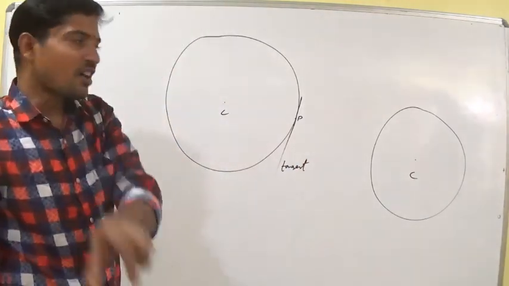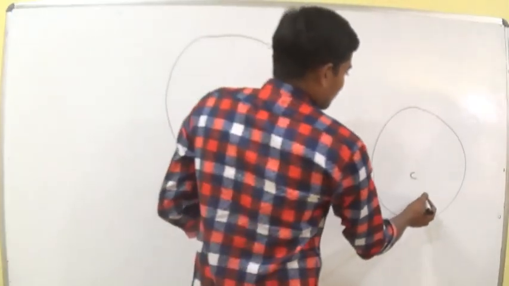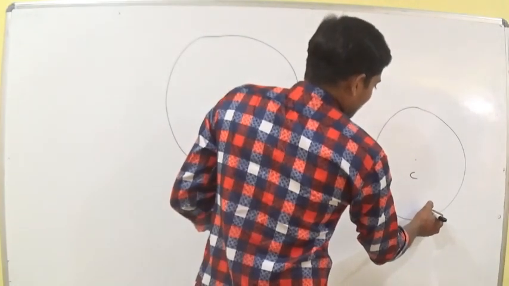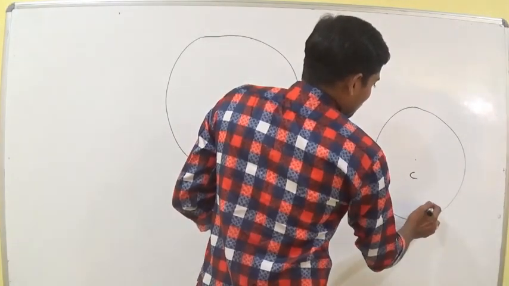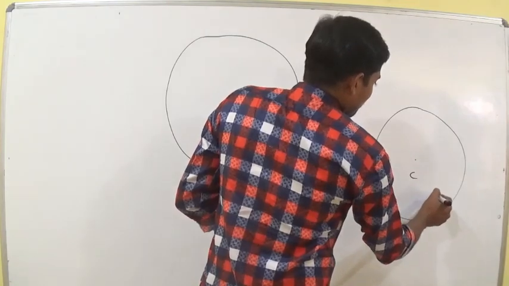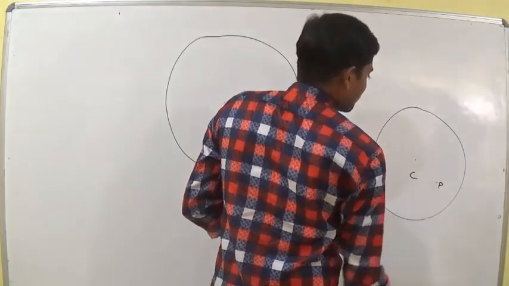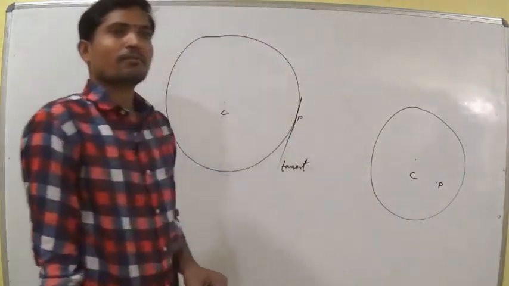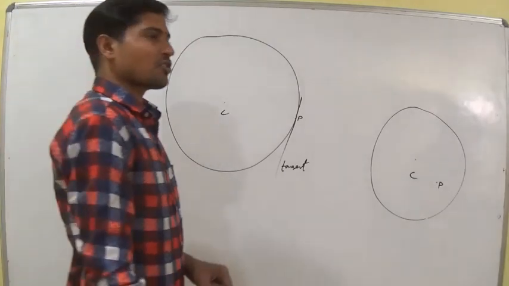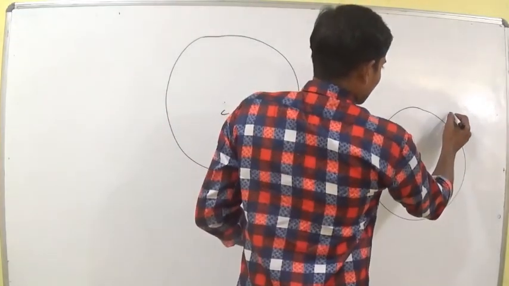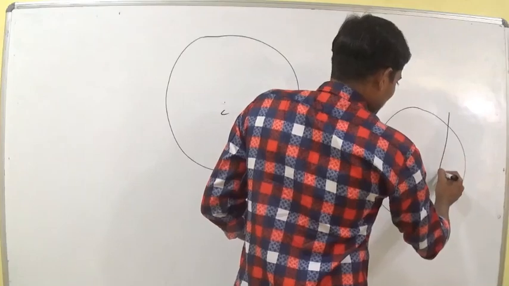P lies inside the circle. Suppose P is here. Then secants are drawn from the point, right?